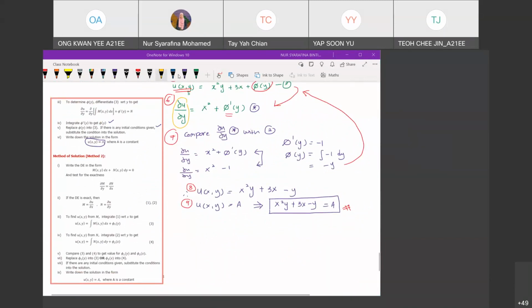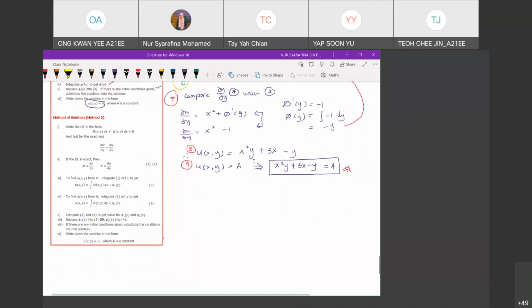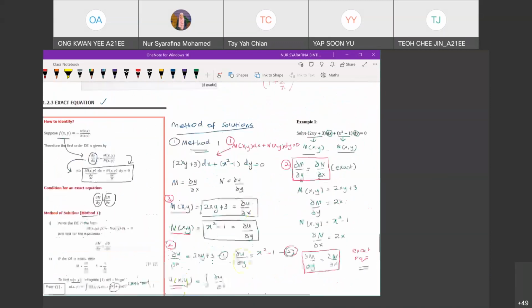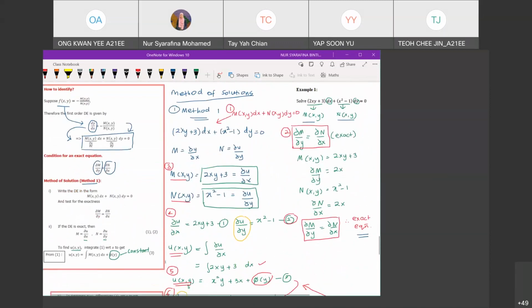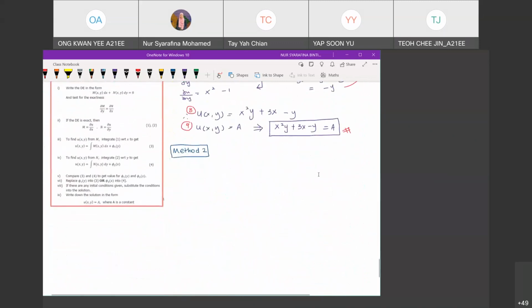So now let's proceed with the second method here. What is our question again? 2xy plus 3 dx, x squared minus 1 dy.